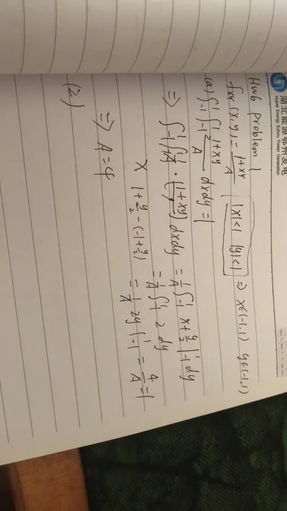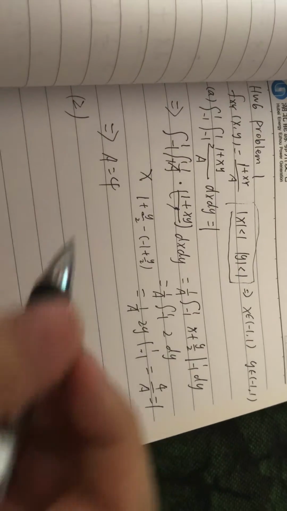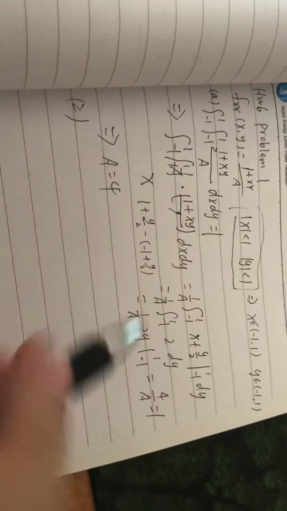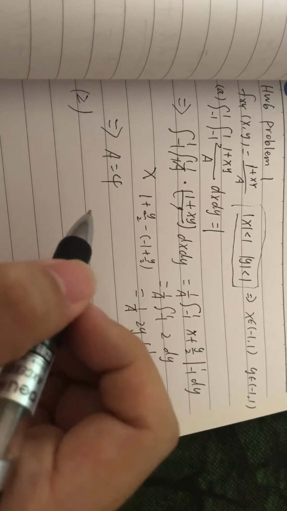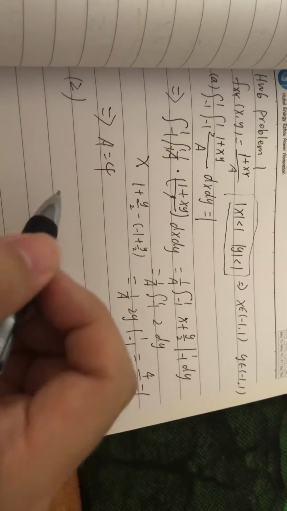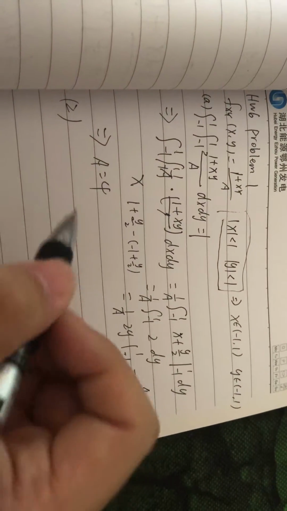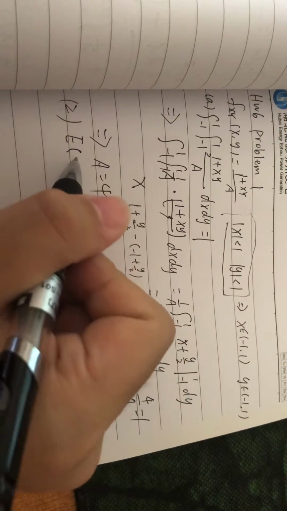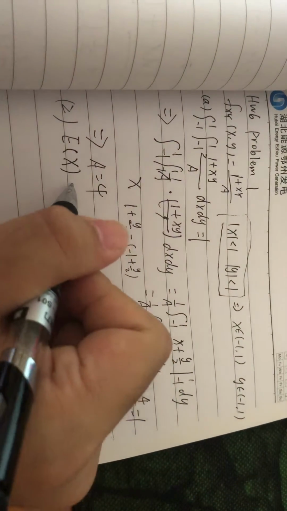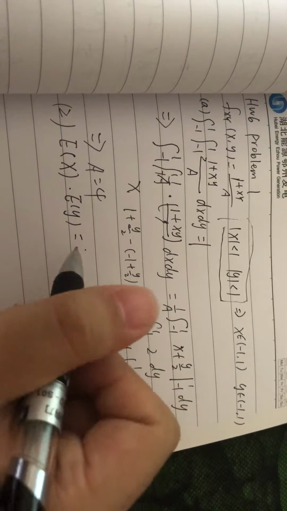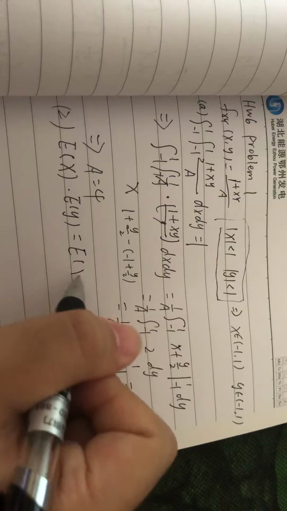Let's do the second question: are x, y uncorrelated? According to lecture 6, if x, y are uncorrelated, the definition is that the expectation of x times the expectation of y equals the expectation of xy.